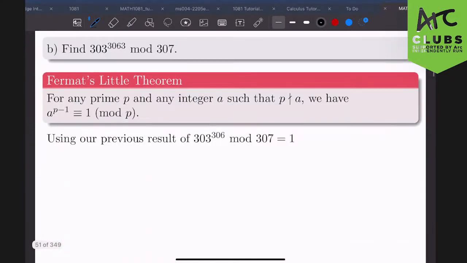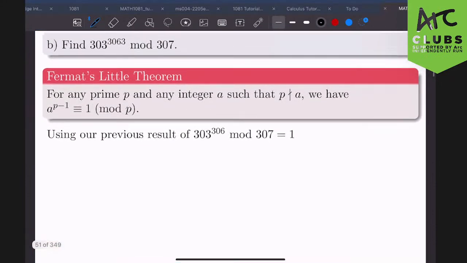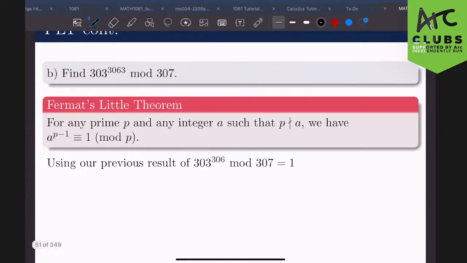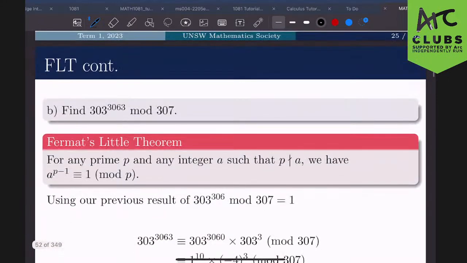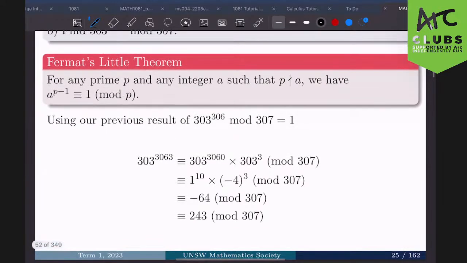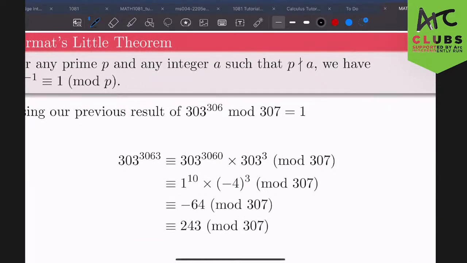We start off by using our result from the previous question, and we can rewrite the more complicated exponent and split it up into what is much easier to work with.